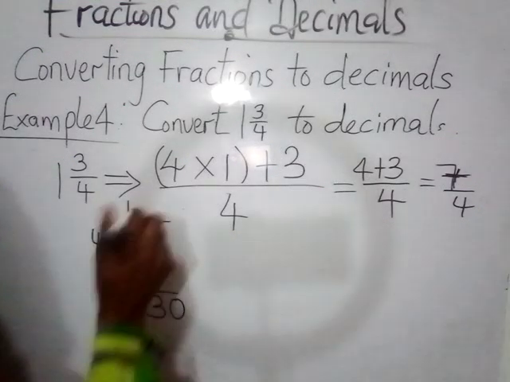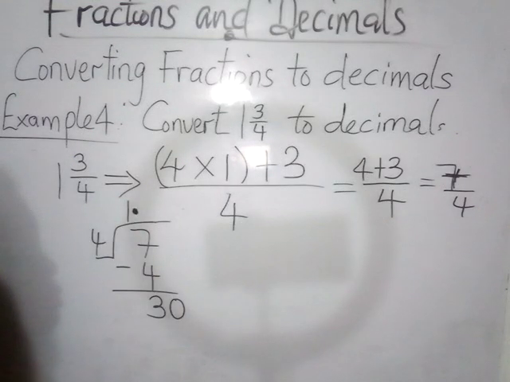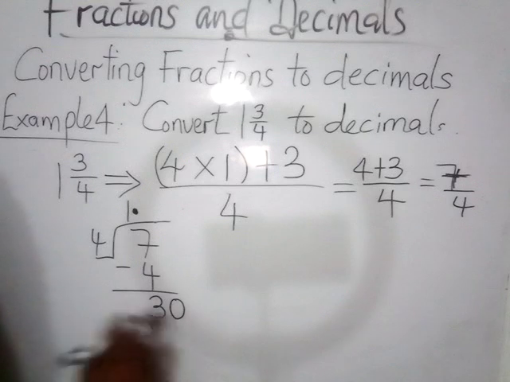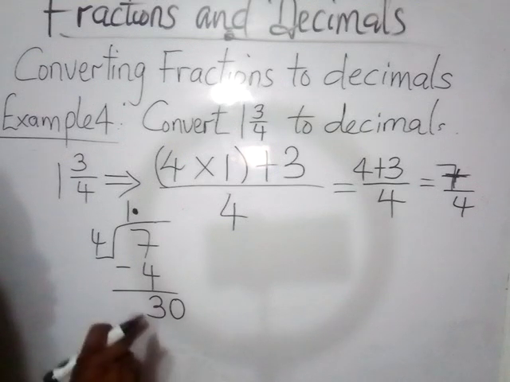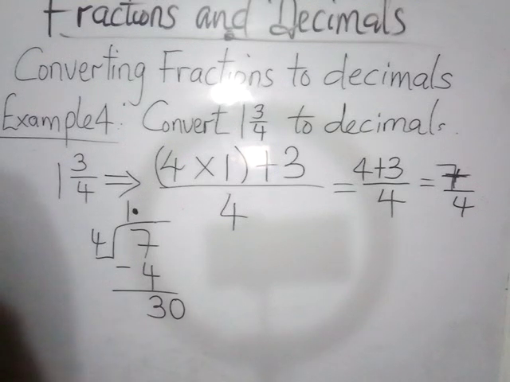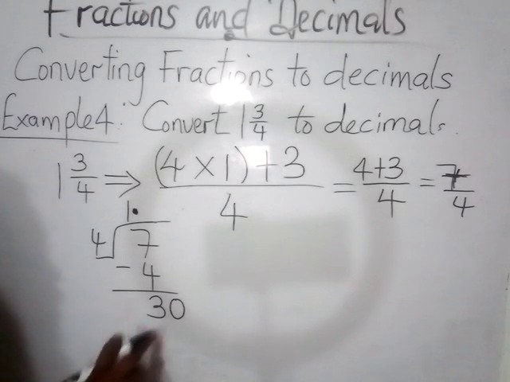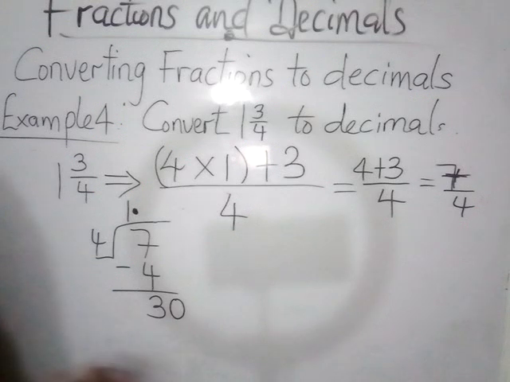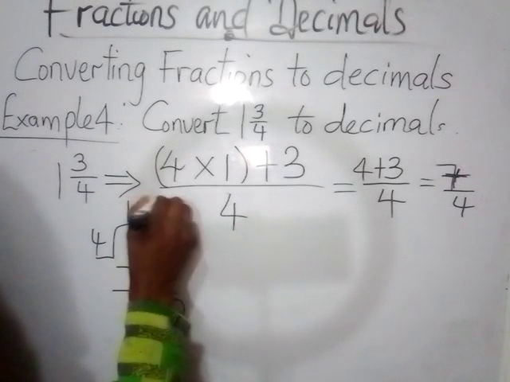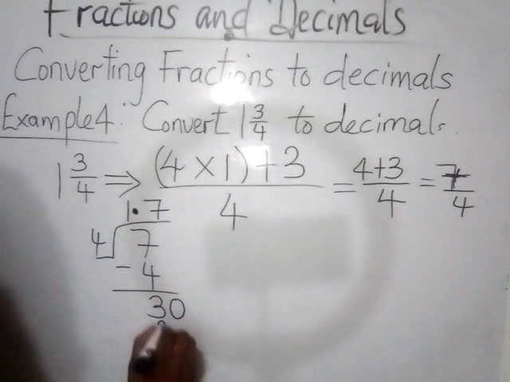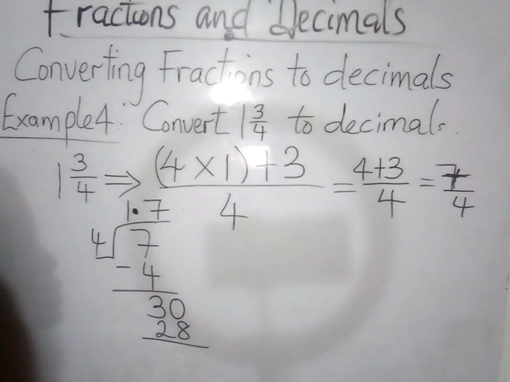So 30 divided by 4, what will you multiply by 4 to get 30, or the number closest to 30 but not bigger than 30? It is 7. 7 times 4 is 28. 7 times 8 is 32. 32 is bigger, so it can't be 8. So 7 is the number, and 7 times 4 is 28.